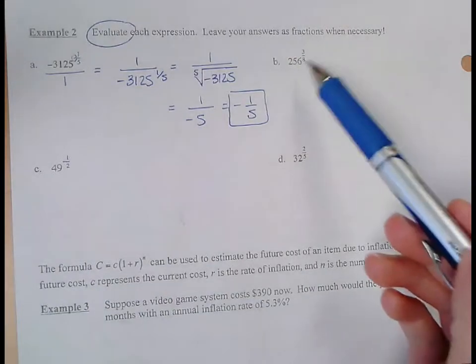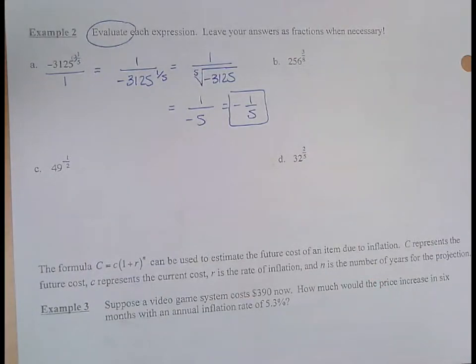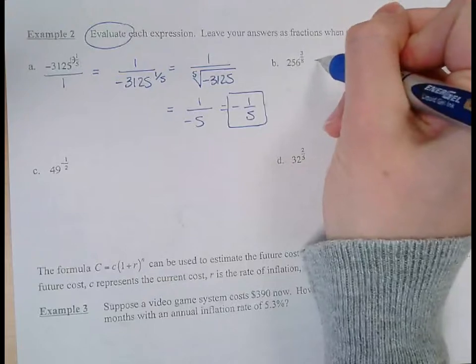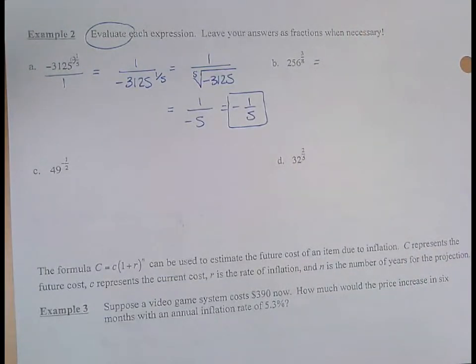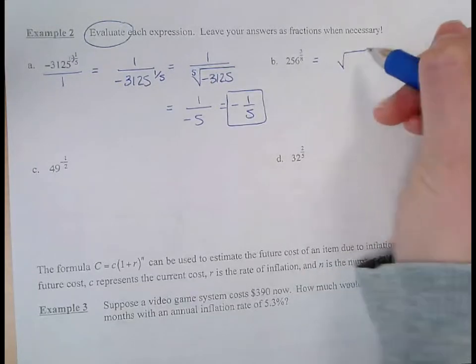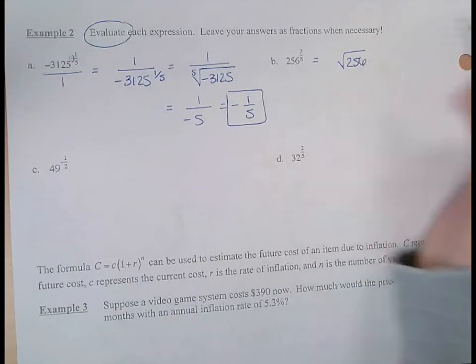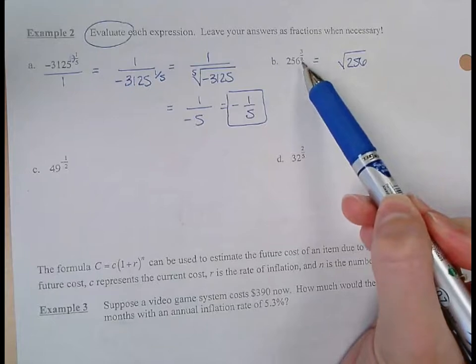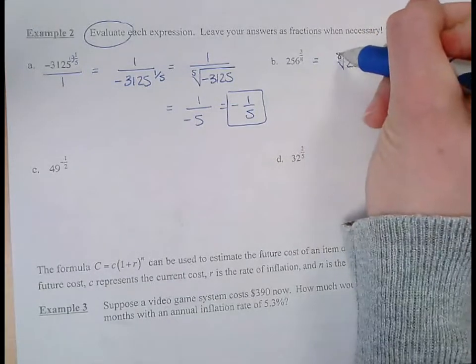So then for part B, we have 256 to the 3/8 power. So the power is positive. We don't have to worry about taking the reciprocal like we did for A. But we can rewrite this as a radical first. So I would write this, I know this is going to be the radical of 256. The denominator is 8, so it's the 8th root.